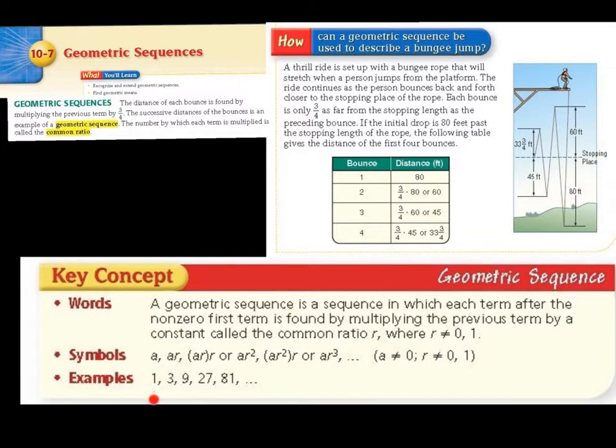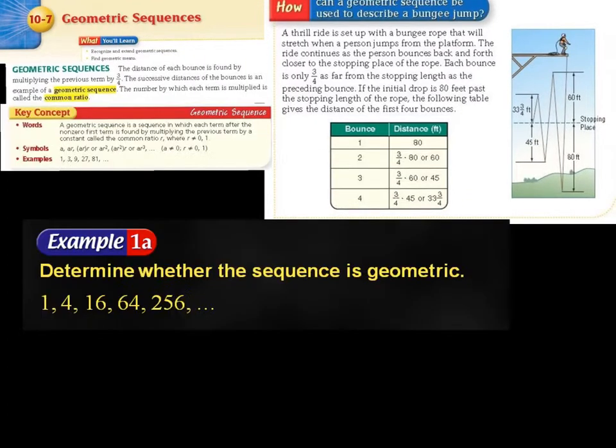So if we start with 1 and multiply it by 3, times 3, times 3, times 3, we could keep going forever. Determine whether the sequence is geometric. Well, I can go times 4, times 4, times 4. So yes, it is.